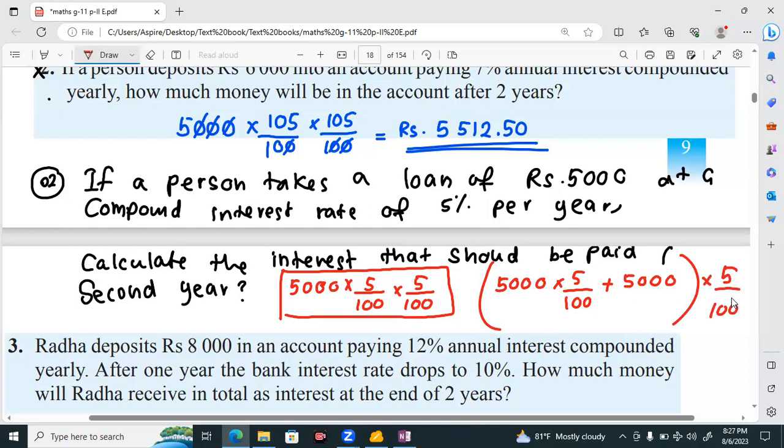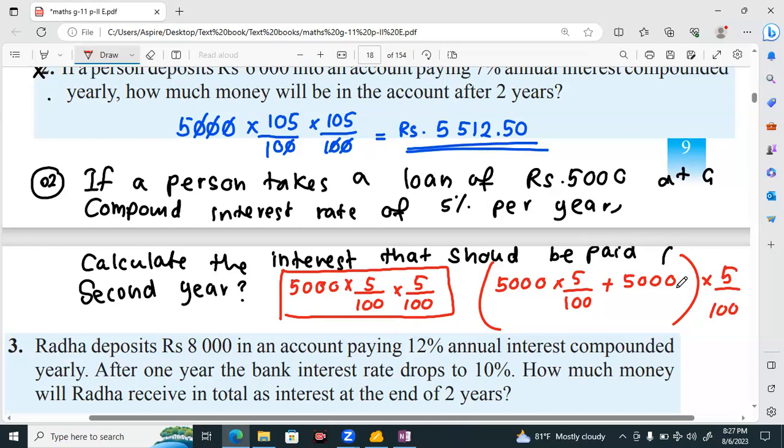Any other answer? Teacher, here they are asking the interest amount that we should pay in the second year. Yes, only for the second year. Is it just the interest amount?